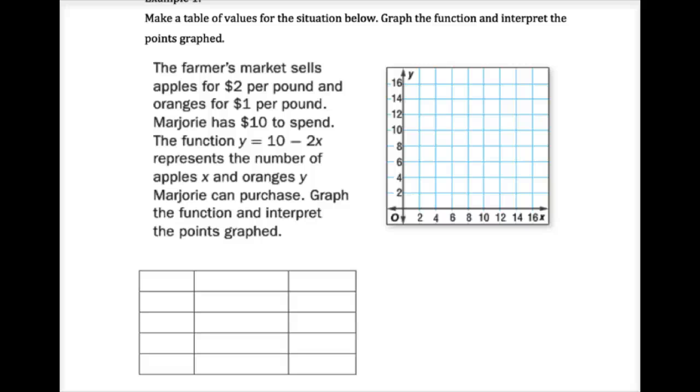All right. Somebody read us the problem about the farmer's market. Do you guys have a farmer's market here? Yeah. Sunday morning. Where's it at? Saturday. In Mount Prospect, it's always on Sunday morning.